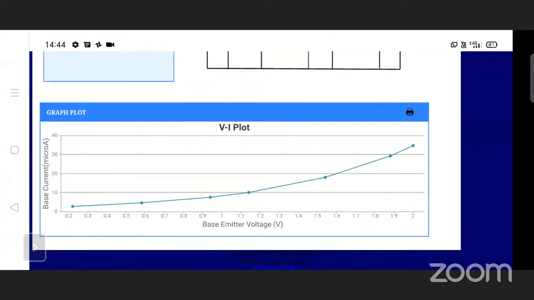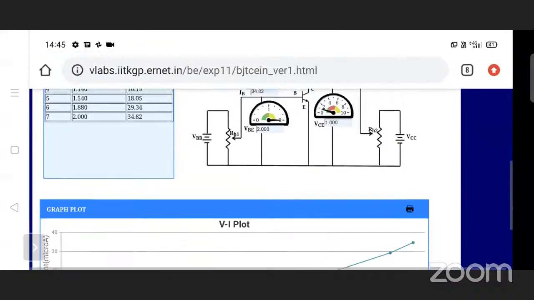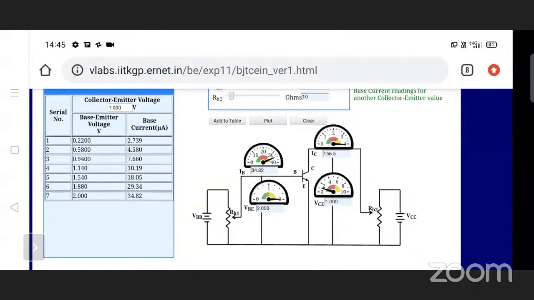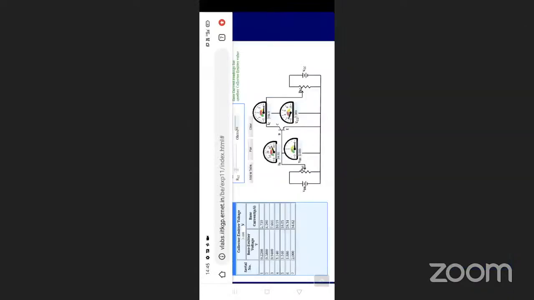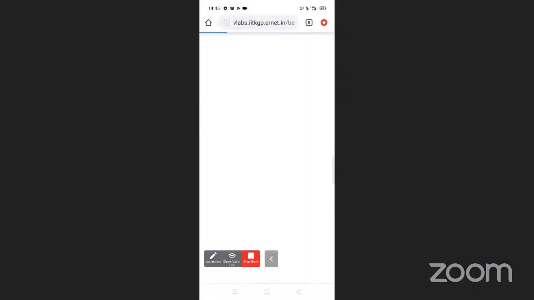Then after that, continuing the process, if you are taking VCE equal to 2 volt, 3 volt continuously, then we see as the collector to emitter voltage increases, the base current decreases. This is input characteristic. Then we will see output characteristics.